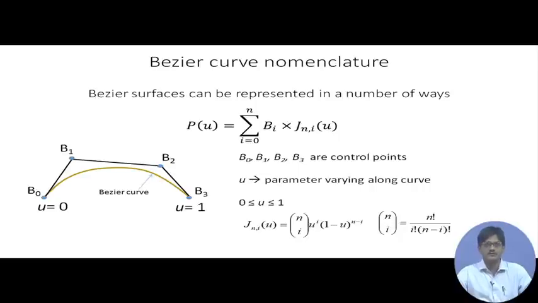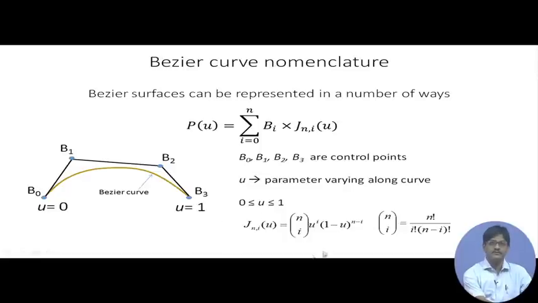This weight function is called Bernstein polynomial, and the way in which Bernstein polynomial is calculated is given at the bottom. That means, basically it is nCi u to the power i (1 minus u) to the power n minus i. Okay.